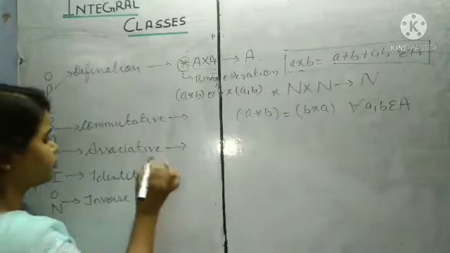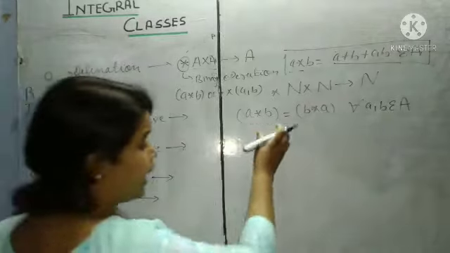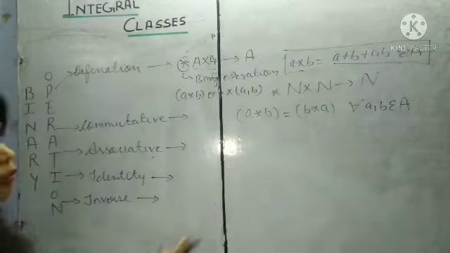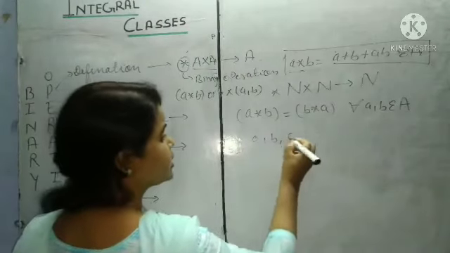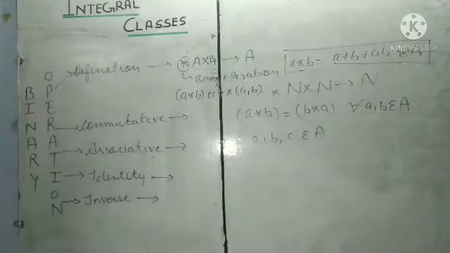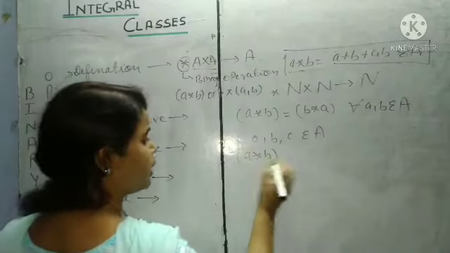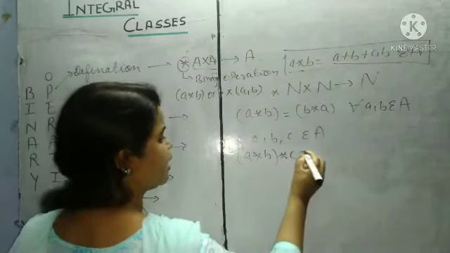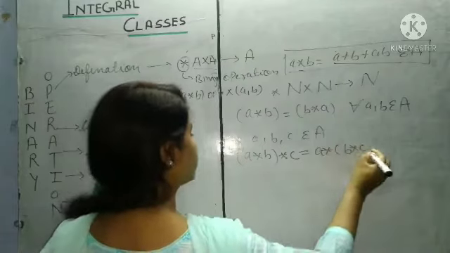Now come to the next property, associativity. For associativity we take three elements from A. Suppose A, B, C are three elements which belong to A. So we apply (A star B) star C equal to A star (B star C).